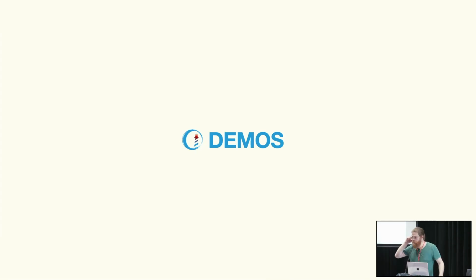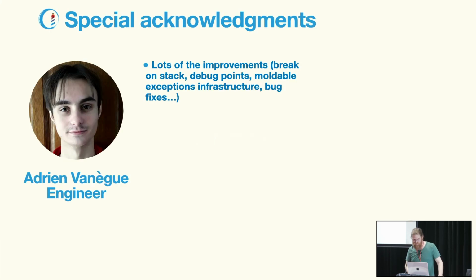Okay, so basically that's all. I would like just to thank specifically Adrien, who was the main developer these last 2 years on the debugger, and lots of improvements that I showed and that we have in Pharo 12 and 13, like breaking stack, the debug points, the implementation of the mutable exception, and a lot of bug fixes, because of course, since last year we have a lot of improvements on the debugger backend itself.